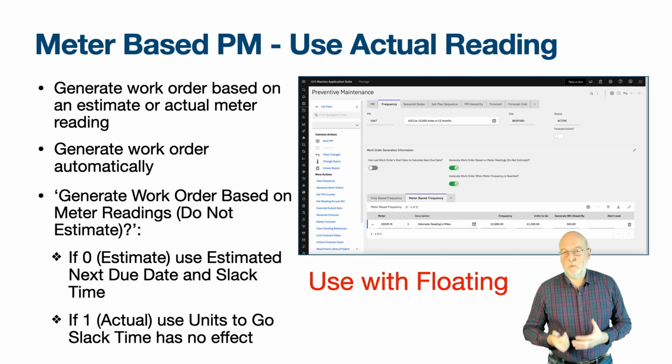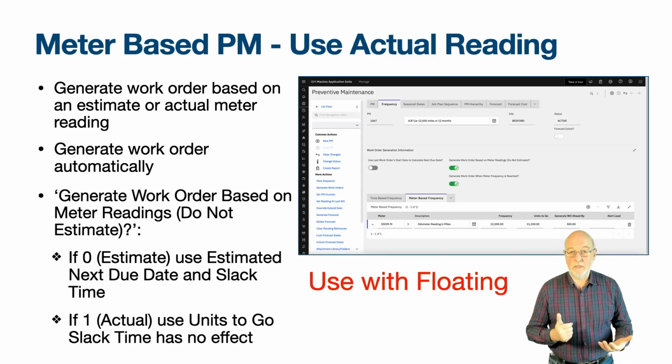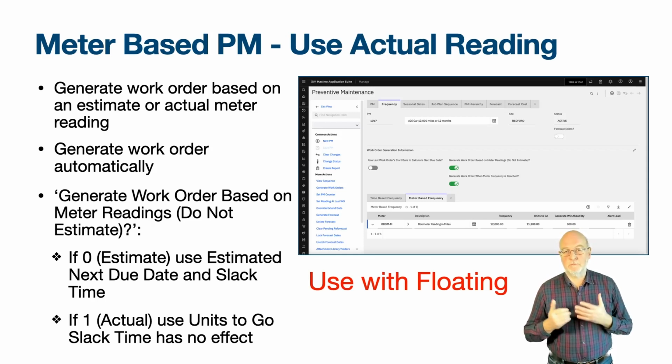When generate work order based on meter readings do not estimate is set, the estimated next due date is the projection of when the average units per day will reach 0 from the latest meter reading. This may be in the past, but still no work order will be generated. When units to go reaches 0 or a negative, the estimated next due date becomes today.